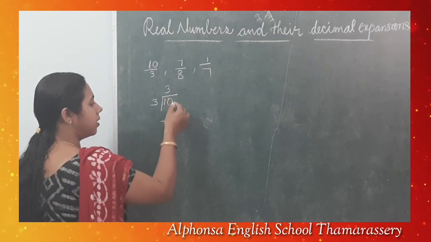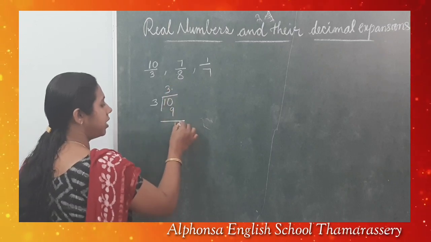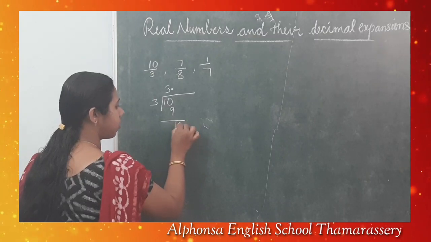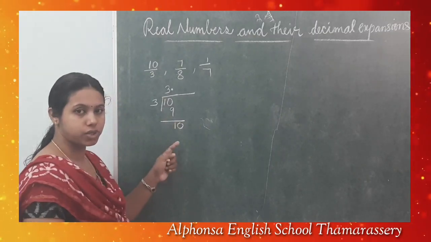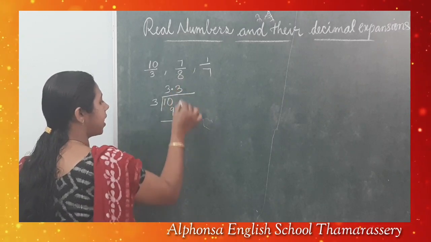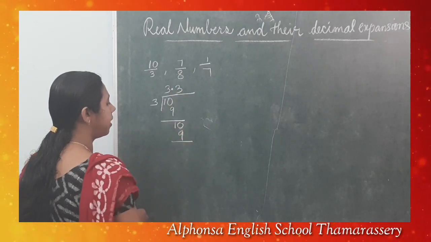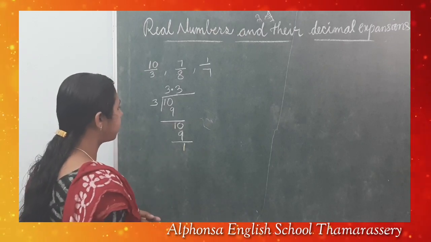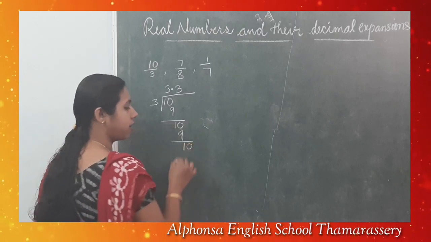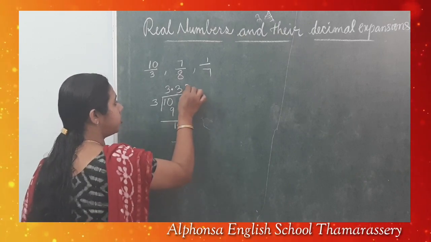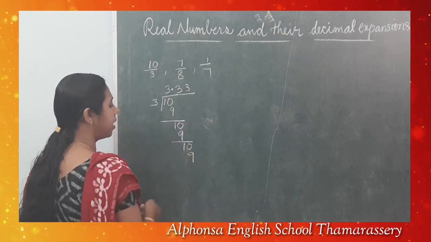1 is smaller than 3. You put a decimal point and you can continue the division process. When you are putting the decimal point here, you can put 0 here. So now the number is 10. In 10, how many 3s are there? Again, 3 3s are 9. Remainder 1. Again, you can continue the process if you put one more 0 here. Now it is 10. 3 3s are 9.